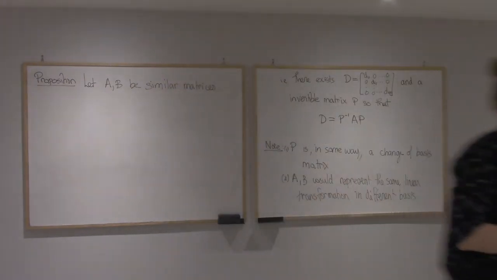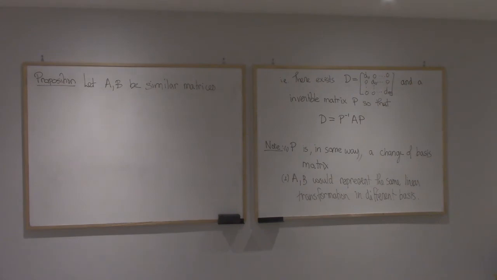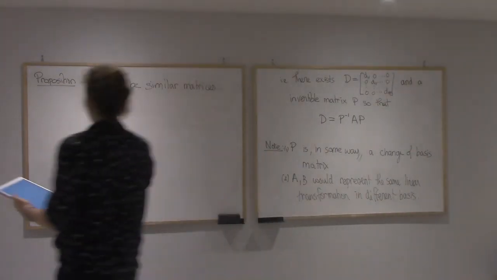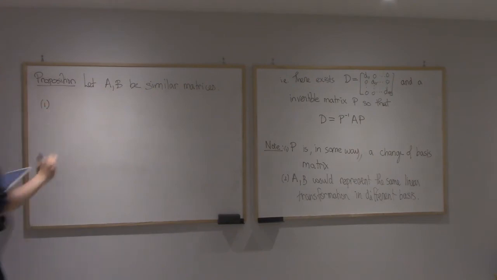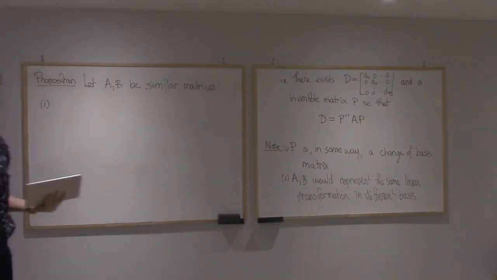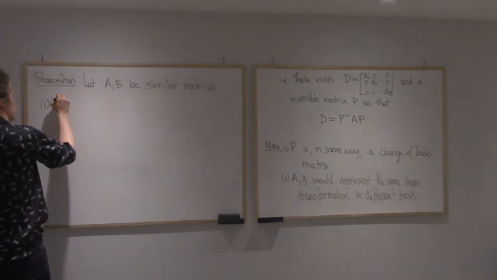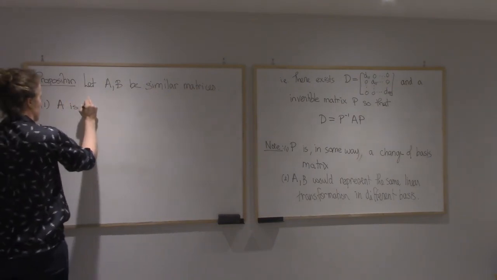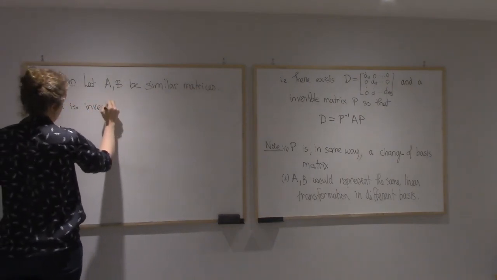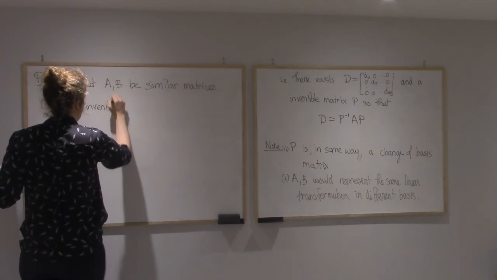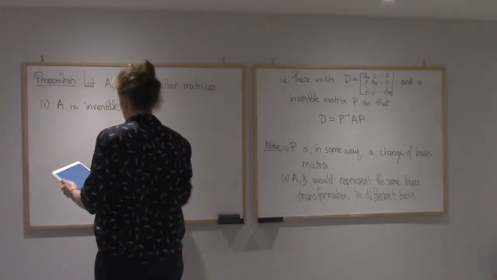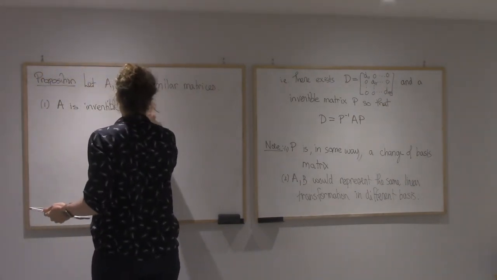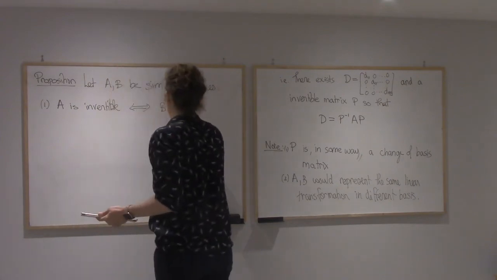First thing, if A is invertible, then B is invertible. A is invertible if and only if B is invertible.